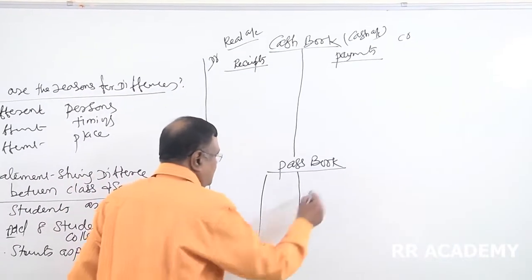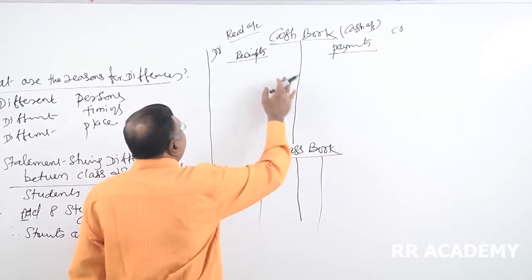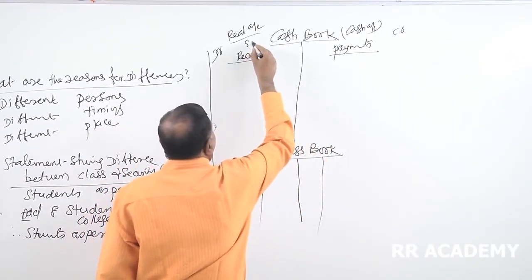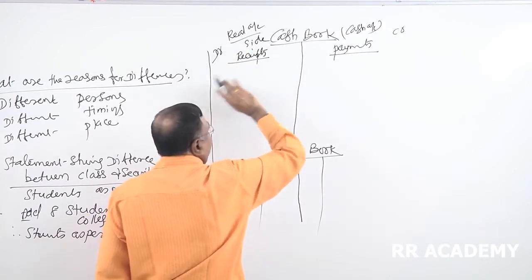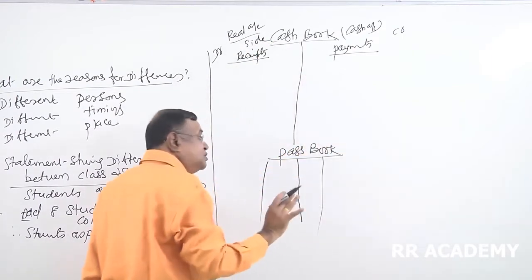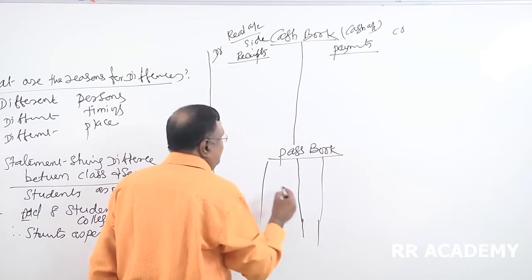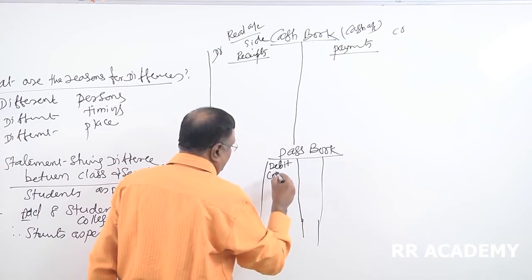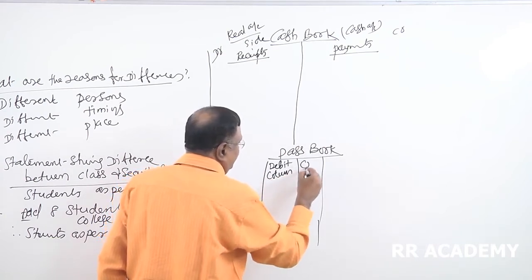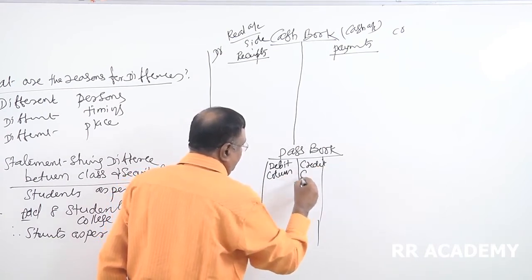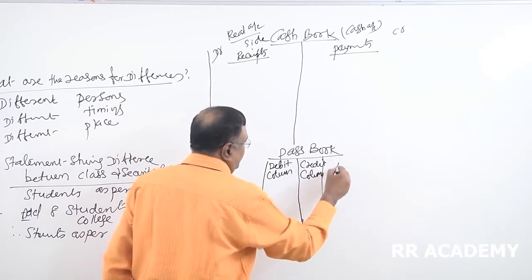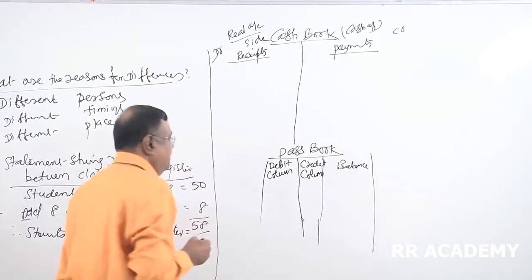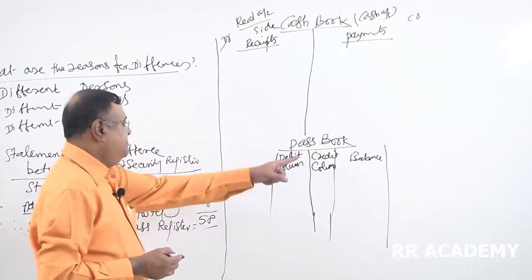Passbook. Here in the cash book it is debit side, credit side. In the passbook, there is no side. It's only columns. Debit column, credit column, balance.